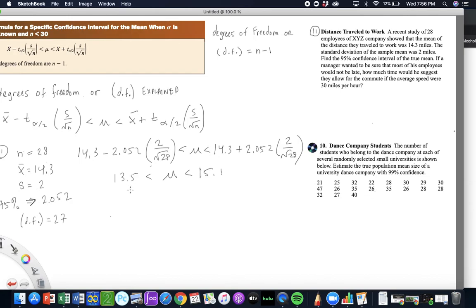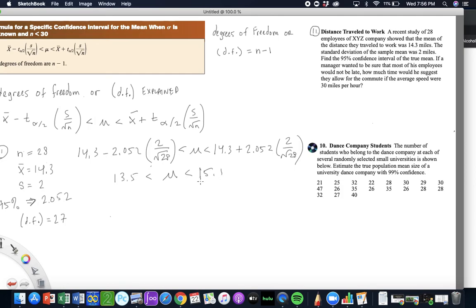Okay. So my answer is 13.5 to 15.1, so I'm guessing, with 95% confidence, that the population mean of my data is between 13.5 and 15.1. The follow-up question is, if a manager wanted to be sure that most of the employees would not be late, how much time would he suggest they allow for the commute if the average speed were 30 miles per hour? Well, you're guessing that the average person of the population drives between 13.5 and 15.1 miles.